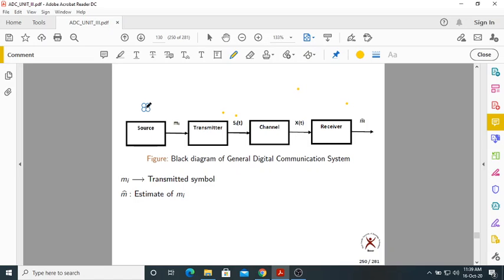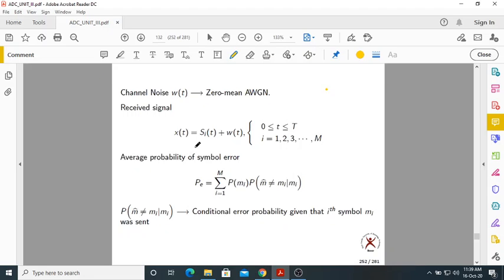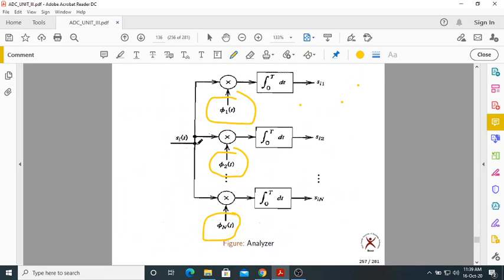Here the source is emitting some symbols at each and every capital T seconds, so we only bother about what the behavior of this channel, this transmitter, this receiver is from 0 to T only. Because after T seconds we get another symbol, which might be different from the previous symbol. That's why all our analysis will be restricted to 0 to T only.